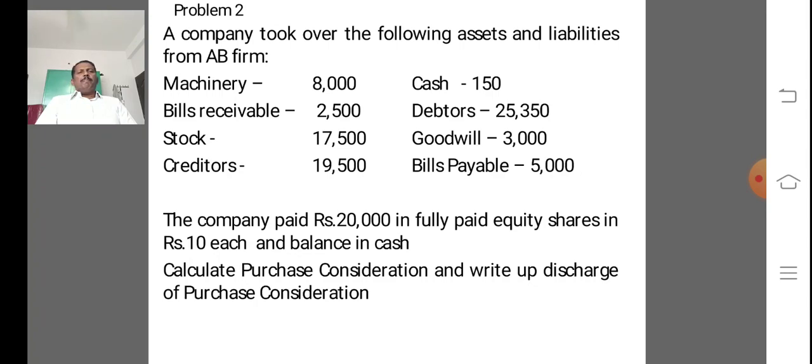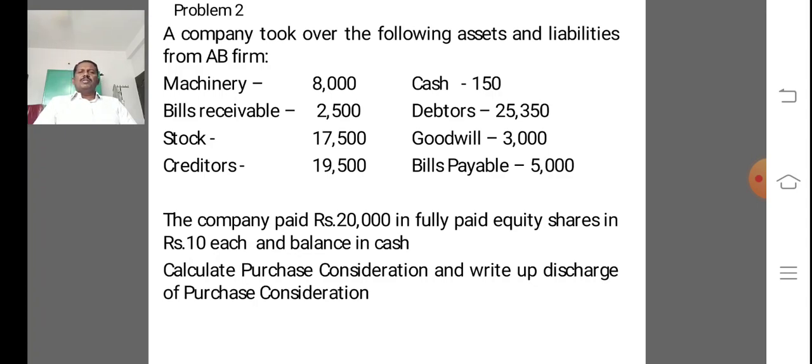The company paid rupees 20,000 in fully paid equity shares of rupees 10 each and the balance in cash.